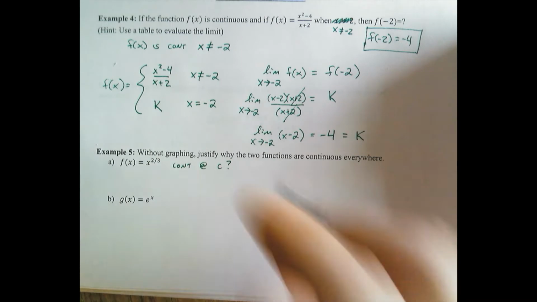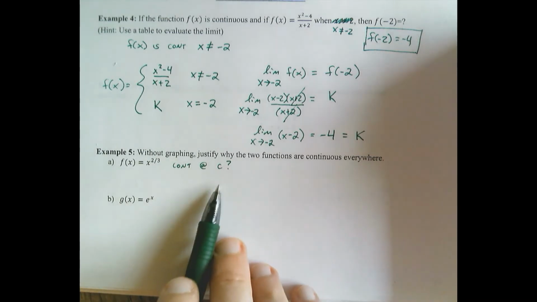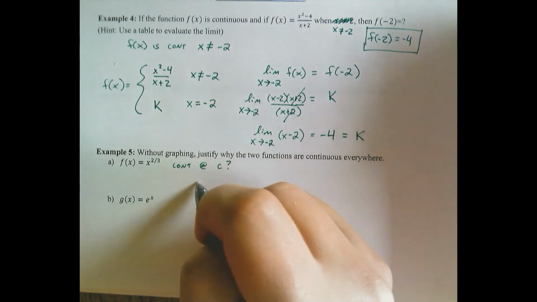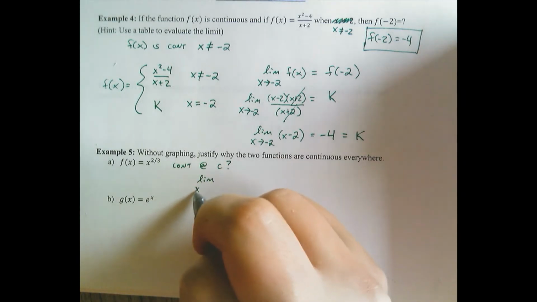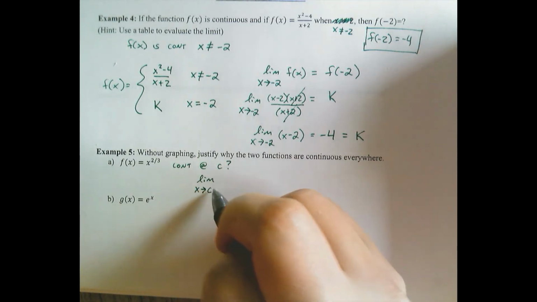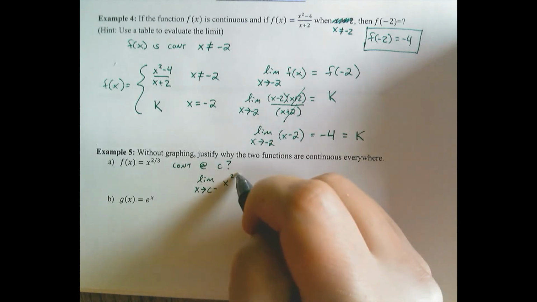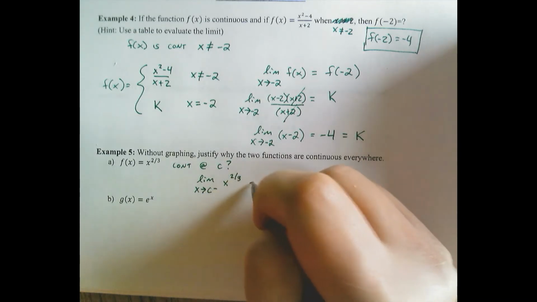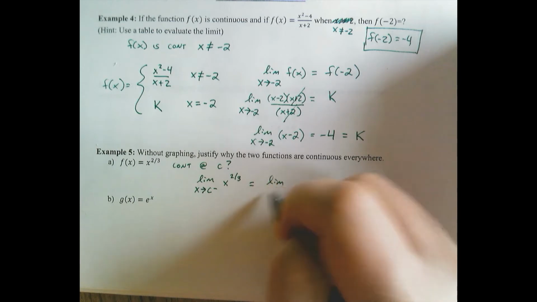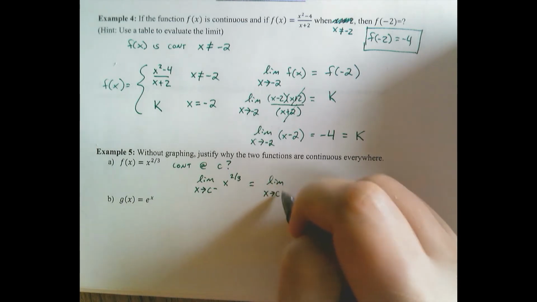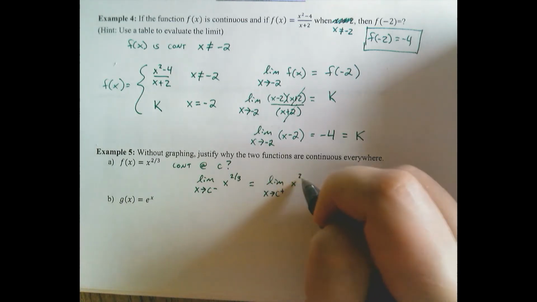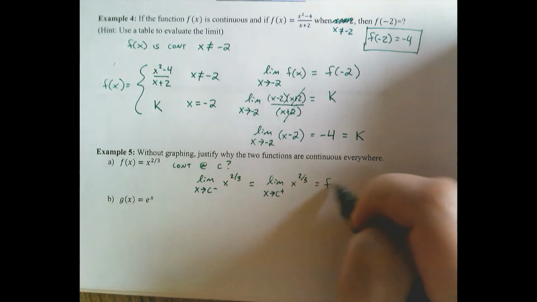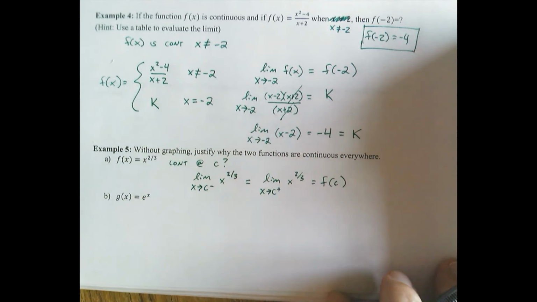So in order for the function to be continuous at c, the limit from the left has to equal the limit from the right, has to equal the function at c. These pieces all need to be the same value.